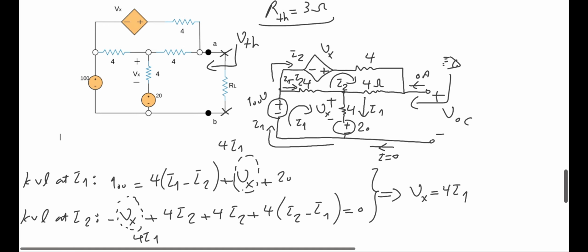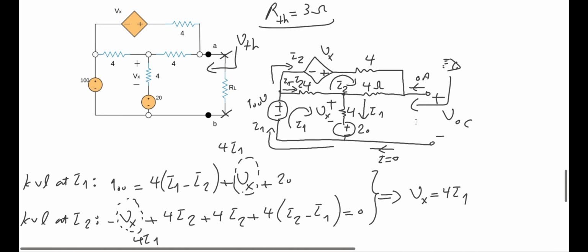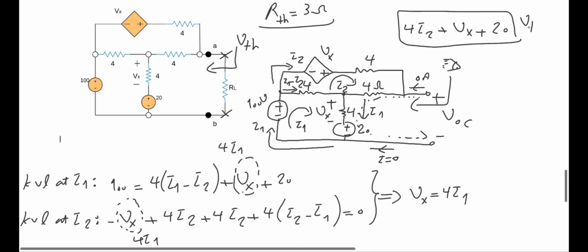Can I figure out my Thevenin voltage here? Yeah, that should be easy. So let's just follow this path here from positive polarity all the way to the negative polarity. I have 4 times I2, and then I have over here 4 times I1, or just Vx plus 20 volts. That is my Thevenin.